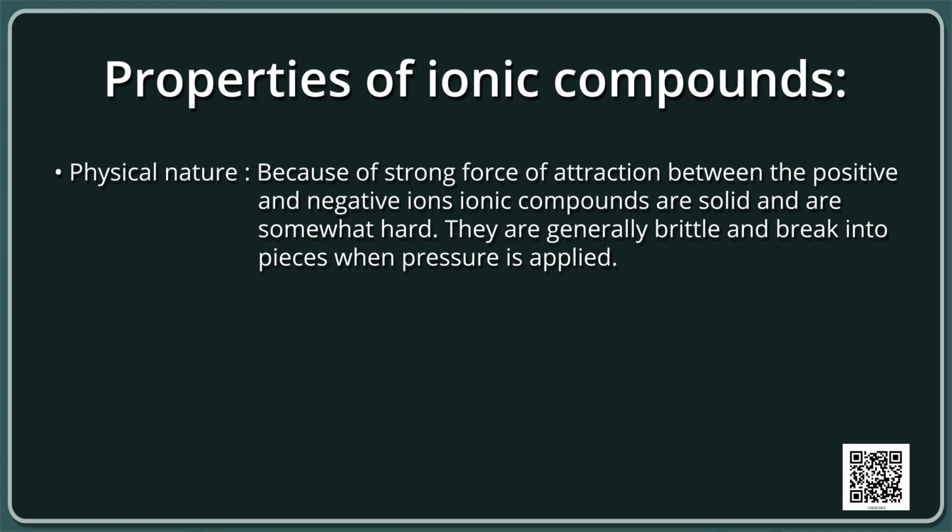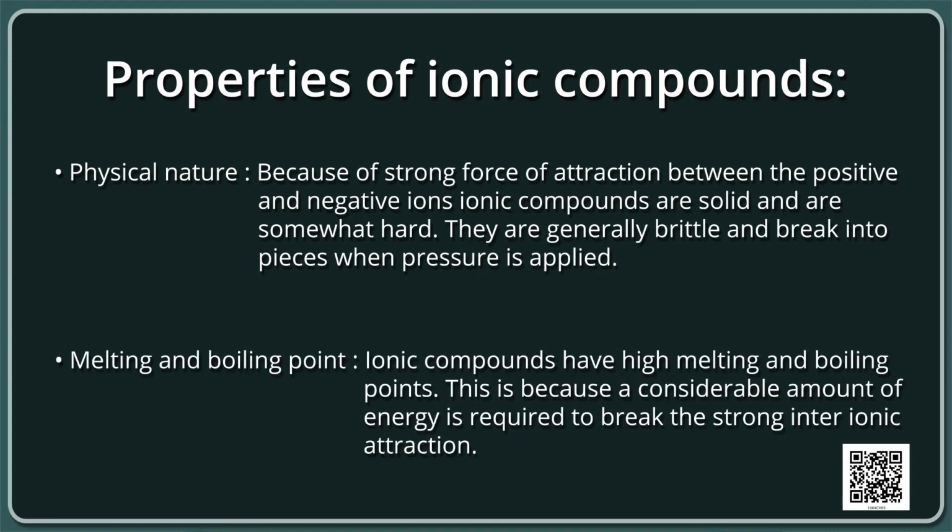Whereas the outermost shell of atoms of non-metals has 4 to 7 electrons. So, they take electrons from other atoms and form negative ions or anions.